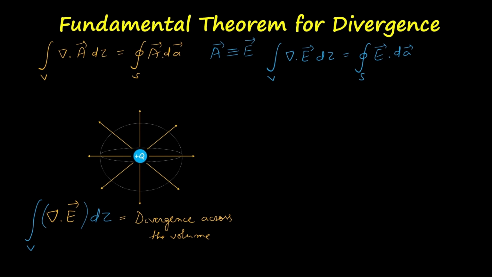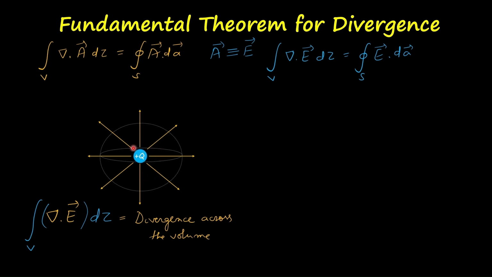One more thing I want to point out here, that whatever electric field is coming out of the charged particle, which is contributing to this divergence term, is also passing through the surface because there is no negative charge.